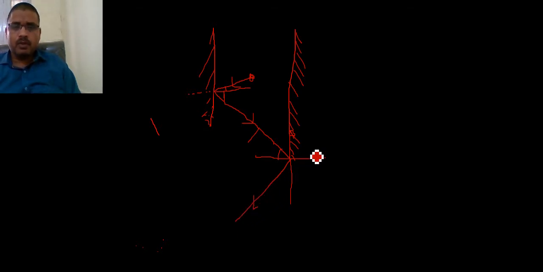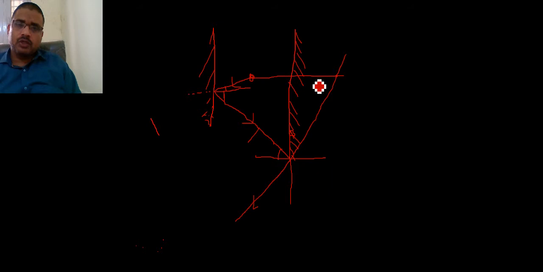Now you extend this line in the backward direction. You will observe that the image is also formed in front of the kept object.